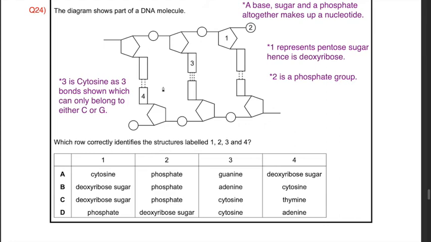It can only be answer C, cytosine for 3, and for 4 it is thymine, because you can see 2 hydrogen bonds or 2 dotted lines. Therefore the answer is C. 1 being deoxyribose sugar, 2 being phosphate, 3 being cytosine because there are 3 hydrogen bonds shown next to 3, 4 being thymine because there are 2 hydrogen bonds shown next to 4.